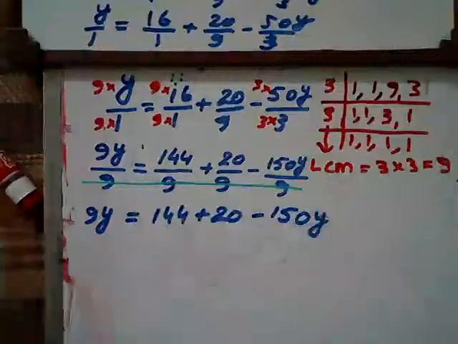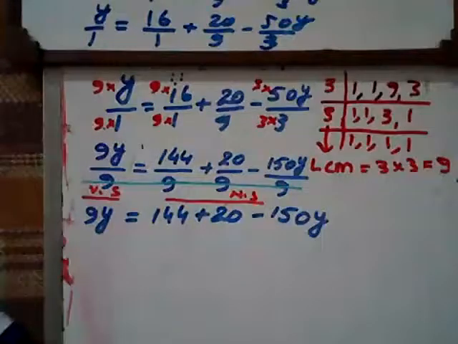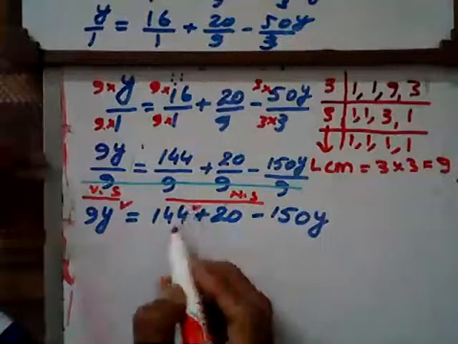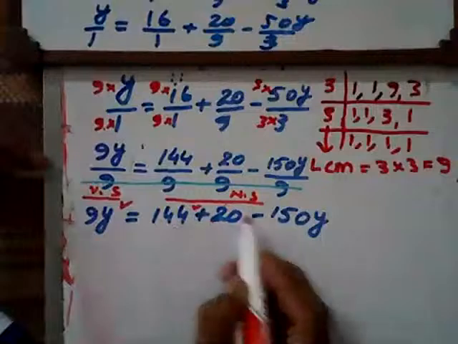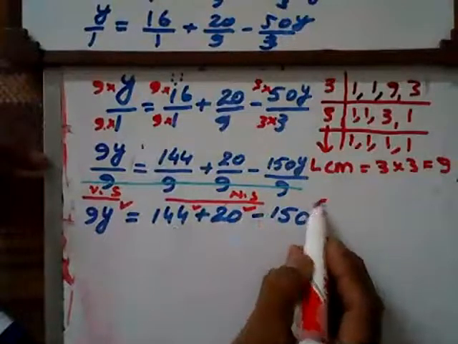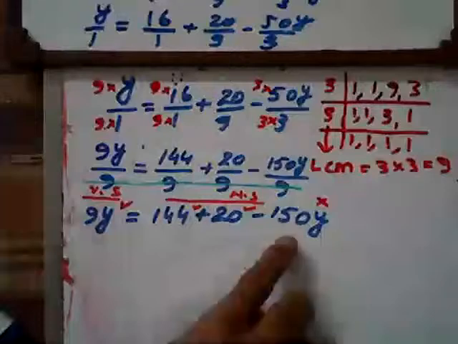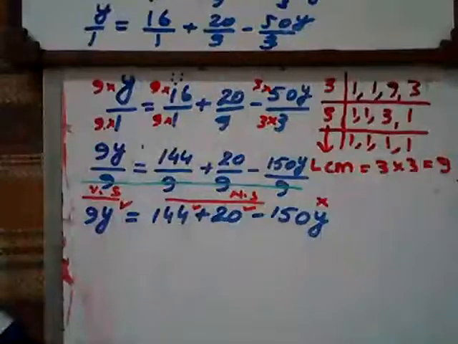150y. Now remember, on the number side we should have only numbers, and this is a variable on the number side, so this is the wrong place. It means this needs to be removed. So how will we remove it?